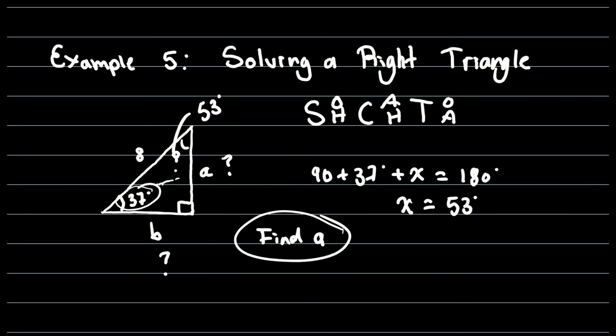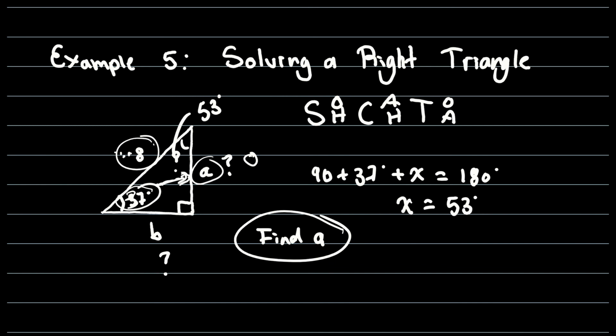Well, A is opposite from the angle. And then I need to use a measurement. I cannot choose B because then I have nothing to work with numerically. So then I choose the hypotenuse. So I have an unknown and I have a known. From 37 degrees, to find A, I had to use the opposite and the hypotenuse.